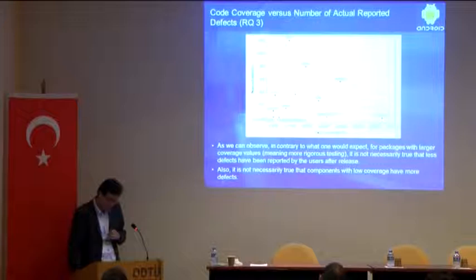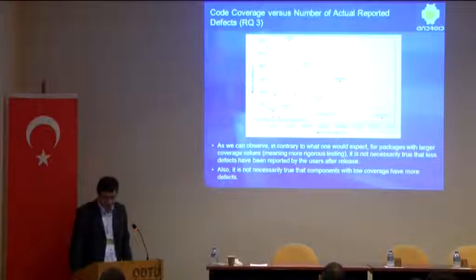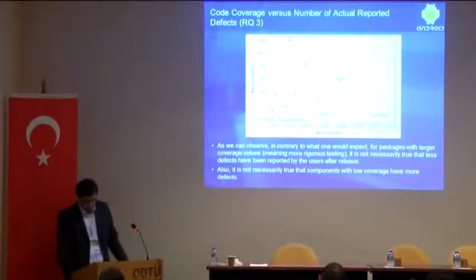So, for example, on one extreme we have music. Music has been tested quite not well, perhaps, at least in terms of automated testing. But again, it has had lots of defects reported by users. On the other hand, global search has been tested quite well, and it had low defects.